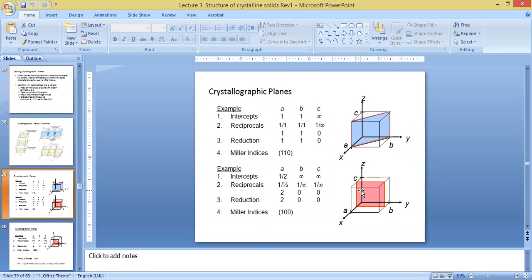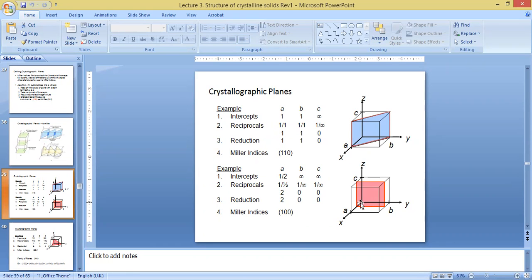This is a 100 plane. Actually, it's not 110. This is a half 0 0 plane. Or as we like to say, half, infinity, infinity. So 1 halfway there.